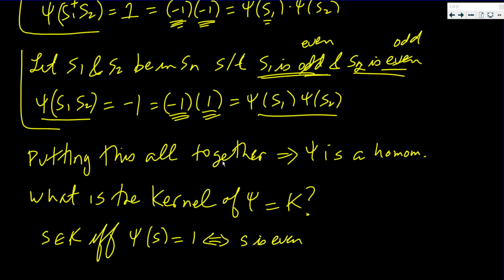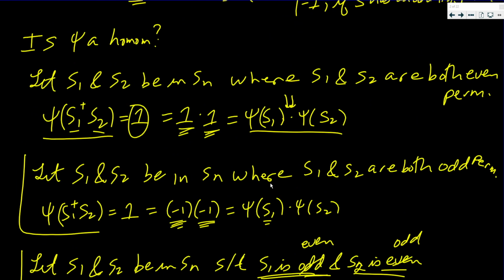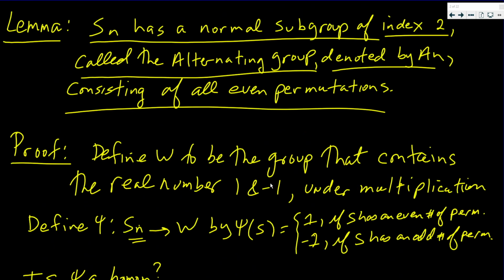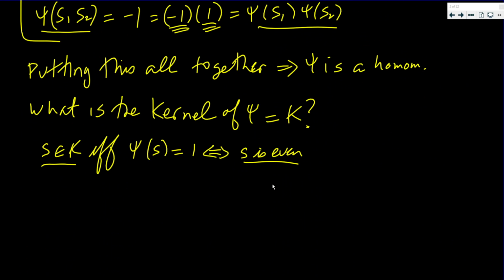So S is in K if and only if S is even. And we gave a name for this set consisting of all even permutations: it's denoted by A sub n. So K is just A sub n.